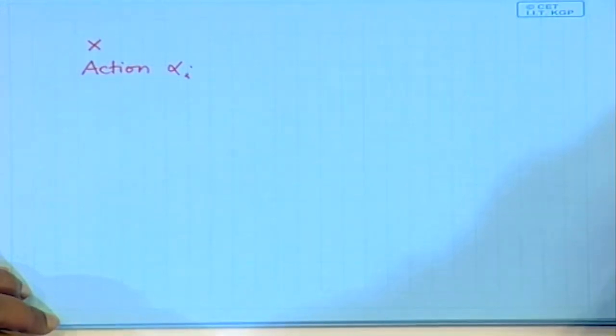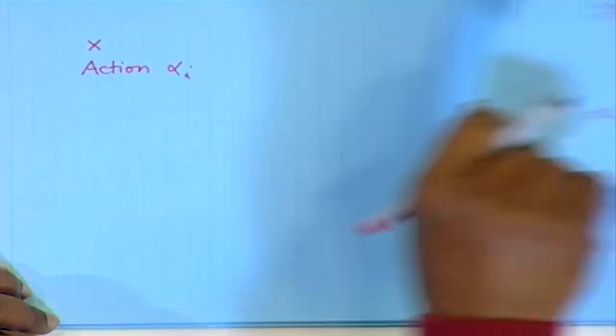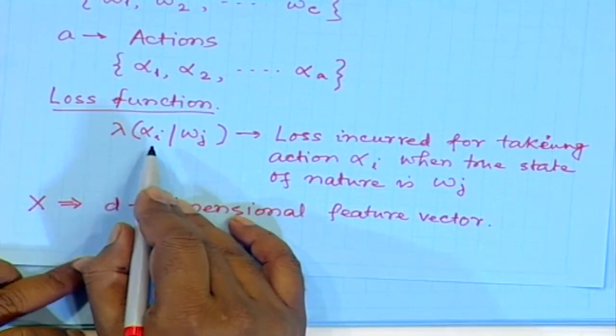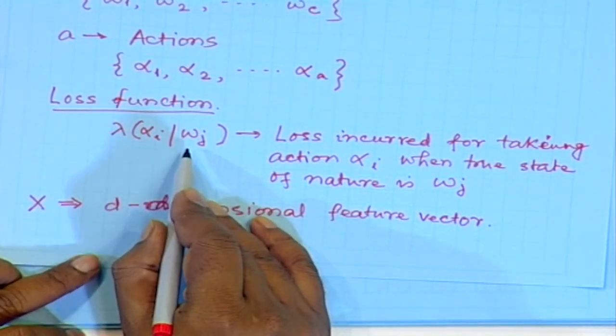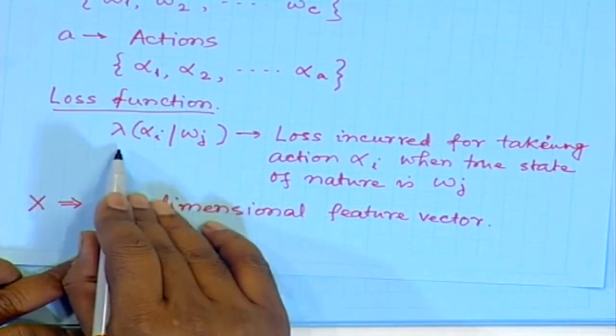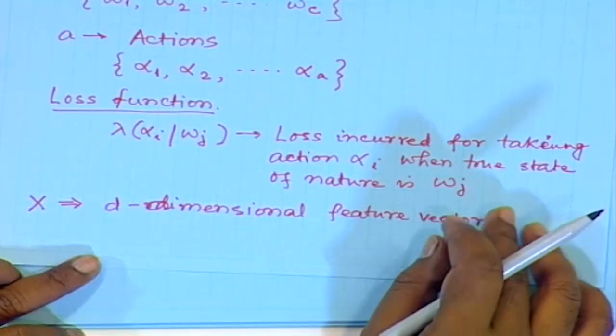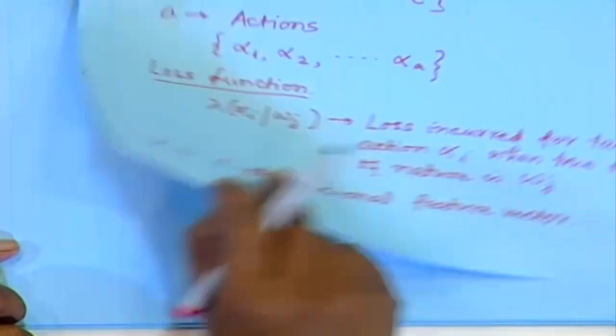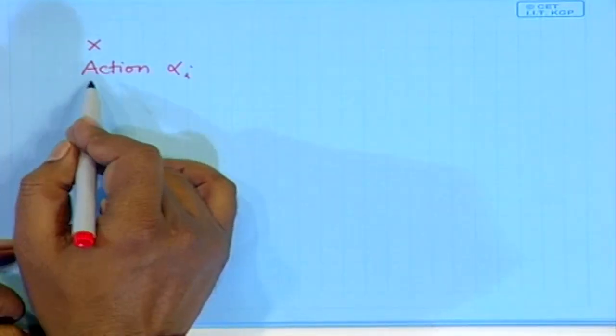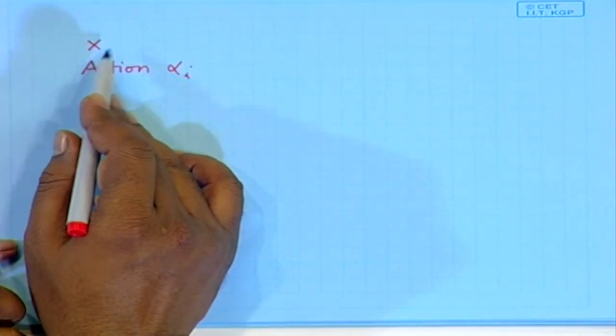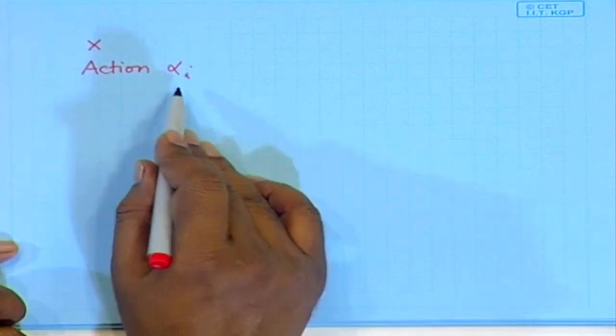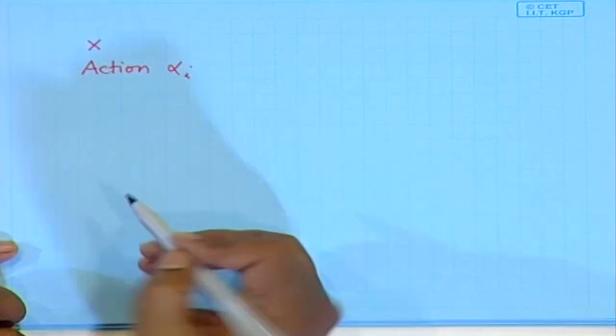As we said earlier, the loss incurred for taking an action alpha i while the true state of nature is omega j is given by lambda of alpha i given omega j. Here, from this observation x we have taken an action alpha i, but we do not know what the true state of nature is. It may be omega 1, omega 2, omega 3 and so on. The true state of nature may be anything.